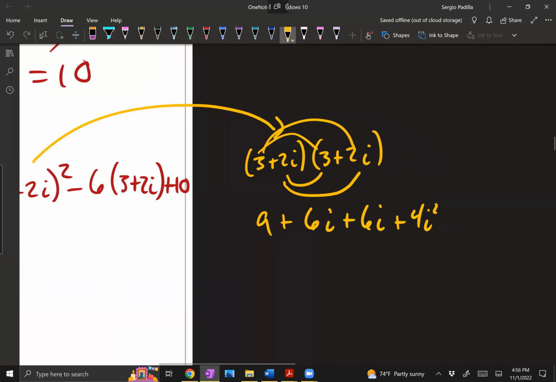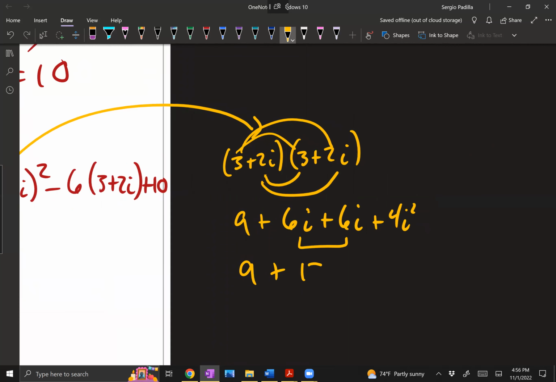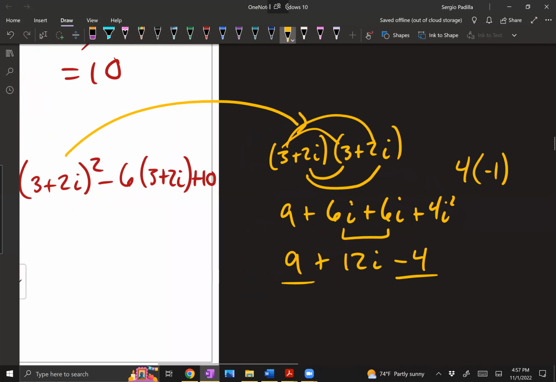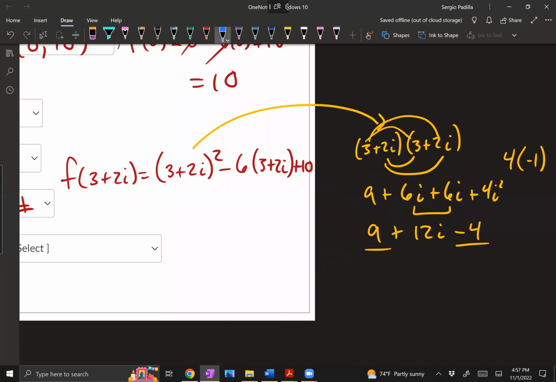Now we can start to simplify this a little bit. 9 plus 6i plus 6i is 12i. But remember, in 4i squared, i squared is actually equal to -1, so this is really -4. 9 minus 4 is going to be 5, right? Plus 12i is what this really becomes.